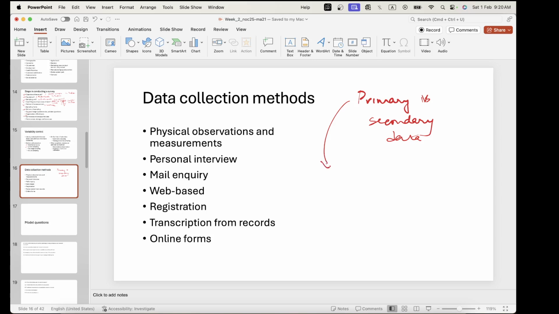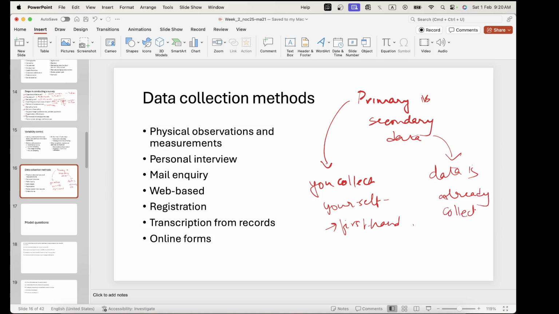So primary data is data you collect yourself, and it's actually first hand data. Okay, and secondary data is data that is already collected and stored, you are just using that for analysis.